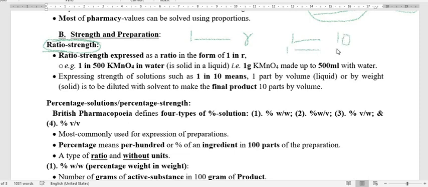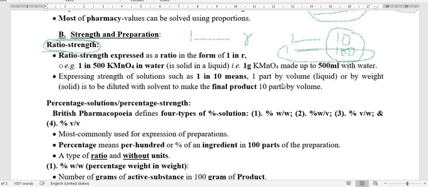So this 1, 10 or 100 is R. Ratio strength is simply telling the ratio in the form of 1 in R, so if you want to express 1 in 10, you express it like that, or 1 in 100, you express it like that.